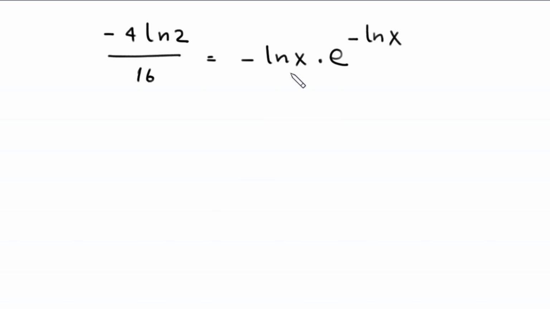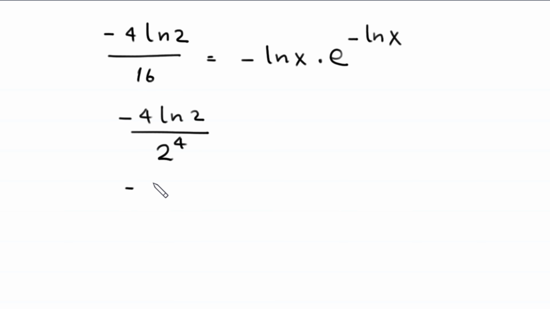Now this right hand side remains the same and we work on this left hand side. Negative 4 times ln of 2 divided by, this 16 is same as 2 to the power 4.